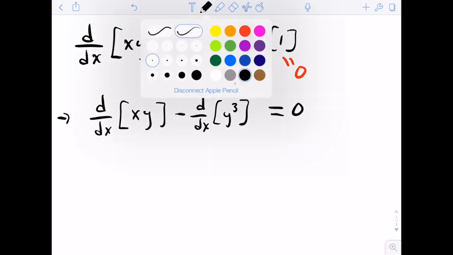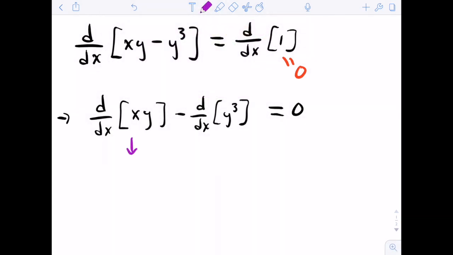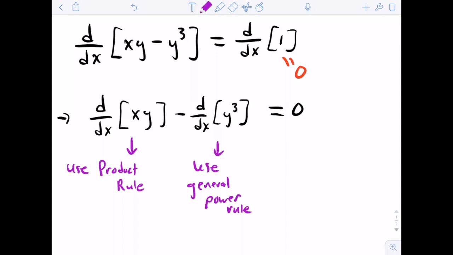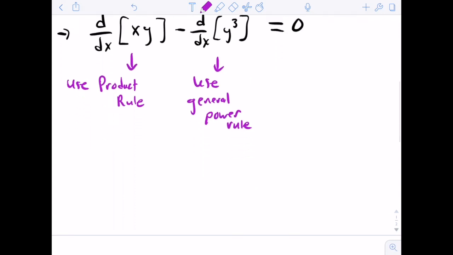So on this little piece here, we can use the product rule, and on this piece, we can use the general power rule.